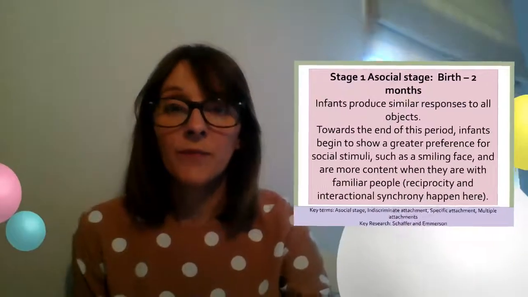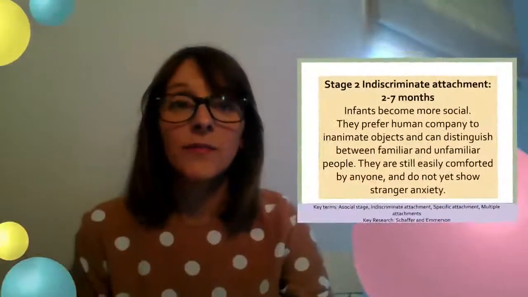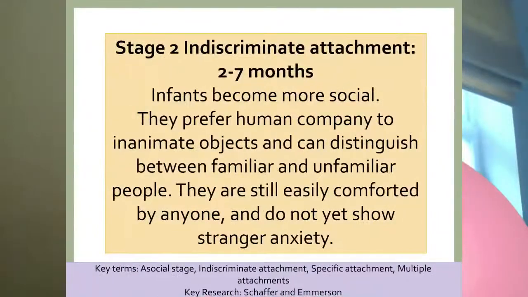So that's stage 1. The second stage is indiscriminate attachment. This is from 2 months to 7 months, and this is when infants become more social and they prefer humans. They can see which people are familiar and unfamiliar, and they're easily comforted by anyone, but they don't show stranger anxiety.